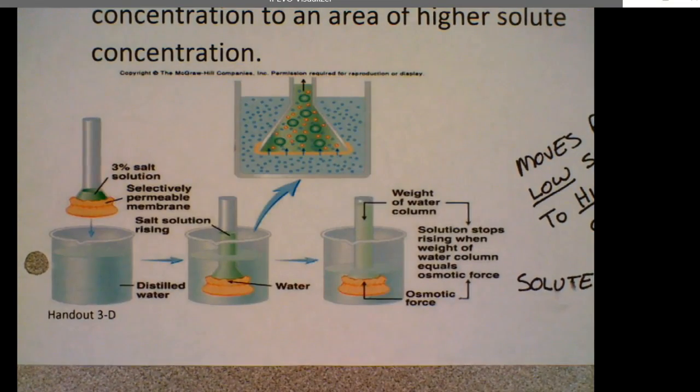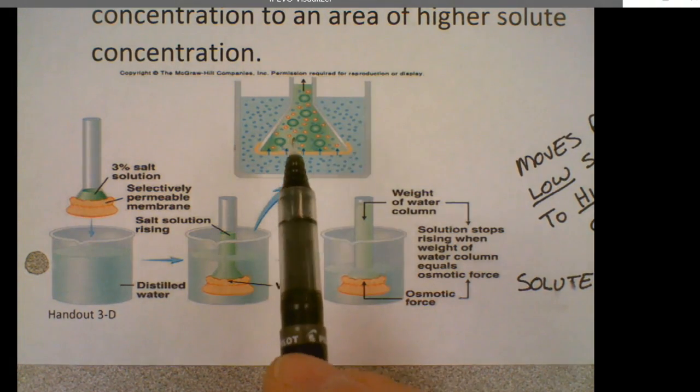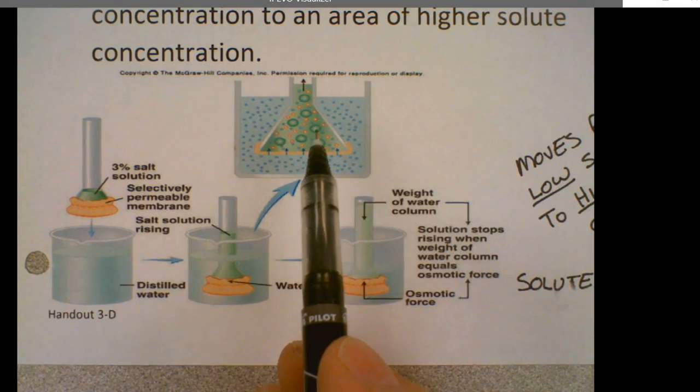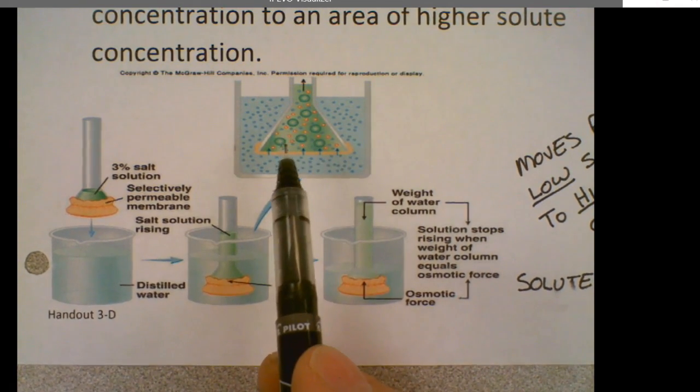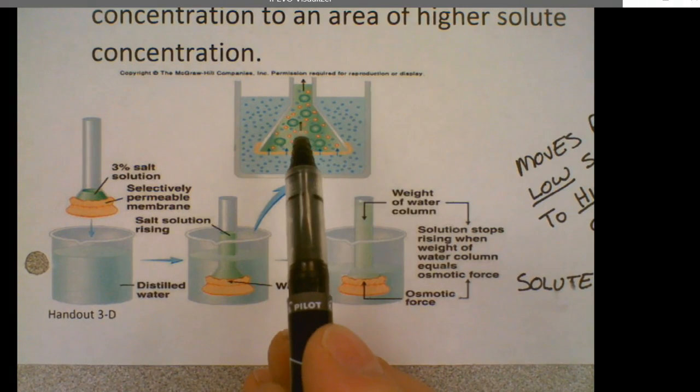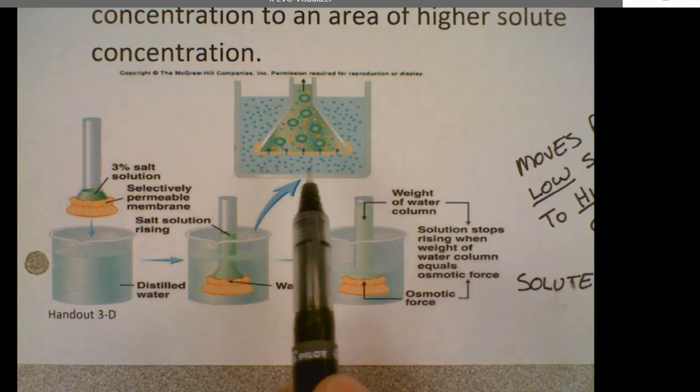Now, if you think about this, it's really not much different than diffusion. In diffusion, we're moving from a high concentration of a molecule to a lower concentration. Well, think of the water. If we have more salt in the test tube, there's less water. So we have less water and more salt in the test tube. We have more water and less salt in the beaker.